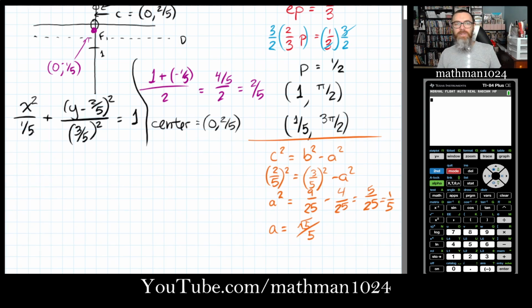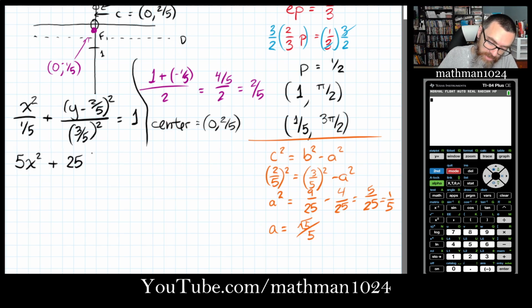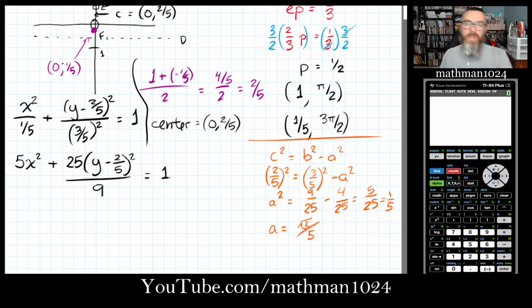Now, we can do some simplifying here, make things look a little bit nicer. So in terms of how this would look for the form for an ellipse, you would write this as 5x squared. And this guy right here, which becomes 9 over 25, puts the 25 in the numerator and keeps the 9 in the denominator, and this is equal to 1. So, yeah, it's a little bit on the messy side, but that's all right.